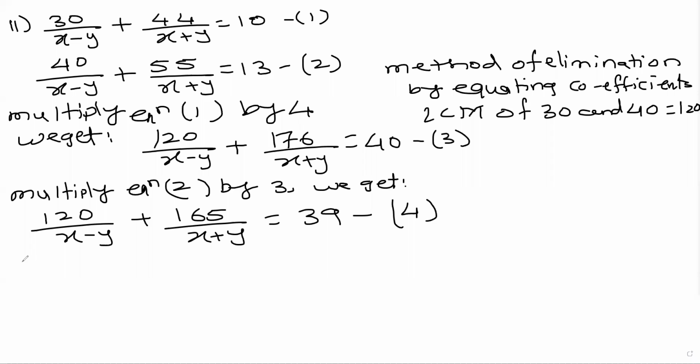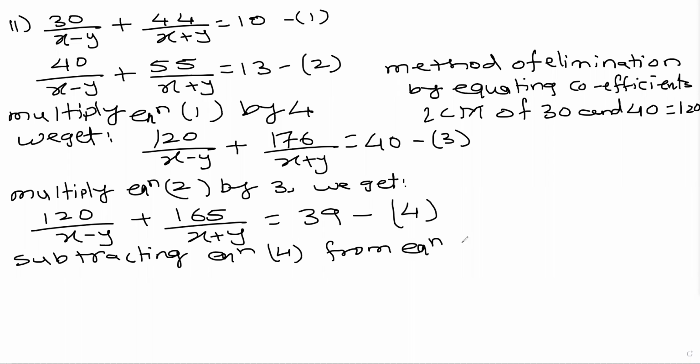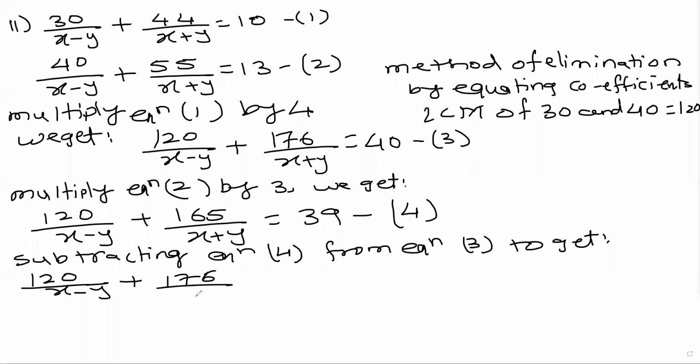Okay, now we can subtract equation 4 from equation 3, that is better. So write down, subtracting equation 4 from equation 3 to get, what do we get? 120 upon x minus y plus 176 upon x plus y is equal to 40 minus 120 upon x minus y.